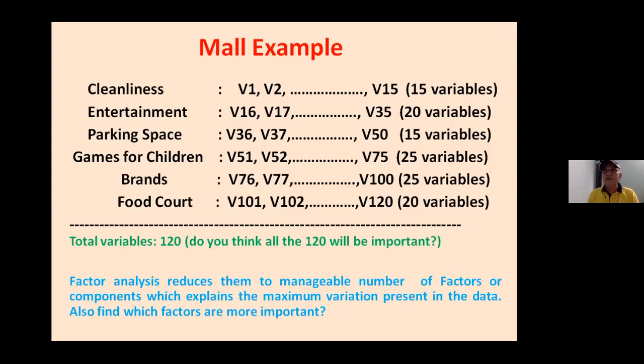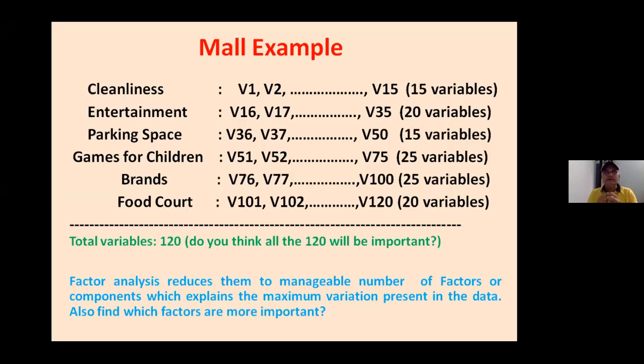And further, these 26 variables can be expressed in terms of 3 factors only. Factor 1, which is called F1, involves 8 variables, factor 2, which is called F2, involves 12 variables, and F3 involves 6 variables. So basically your score will be in terms of only 3 factors. And these 3 factors are generally uncorrelated with each other.